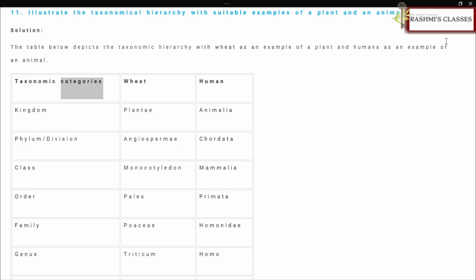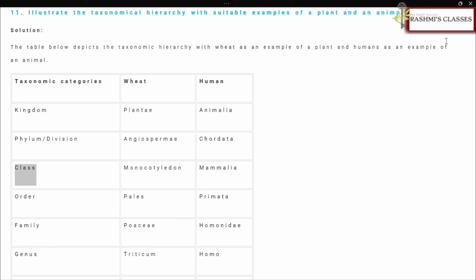Taxonomic categories: wheat, human. Kingdom: Plantae, Animalia. Phylum/division: Angiospermae, Chordata.